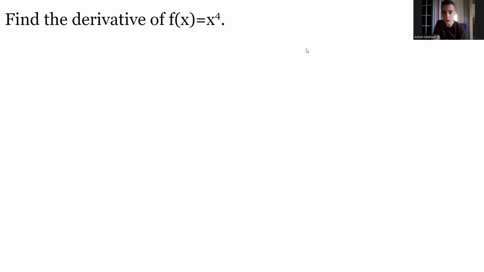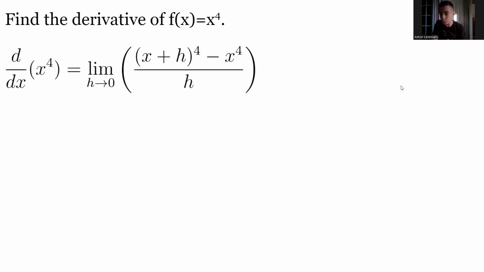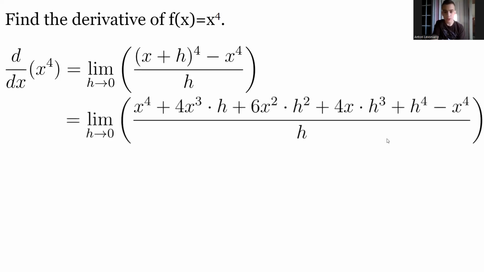Okay. So I will go over the answer now. So once again, we can plug it into the definition of a derivative, and we can expand however you want. You can expand this. I use the binomial theorem, but you can multiply it out. It's long, but it works.